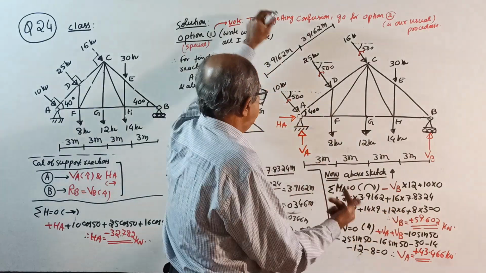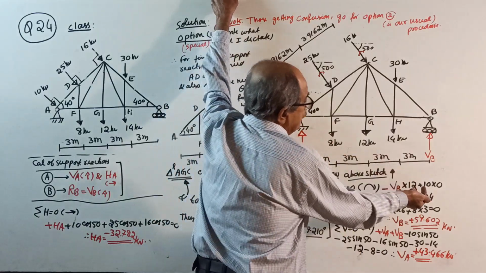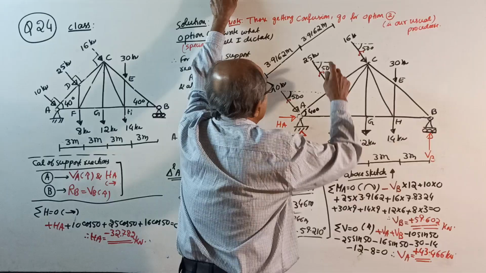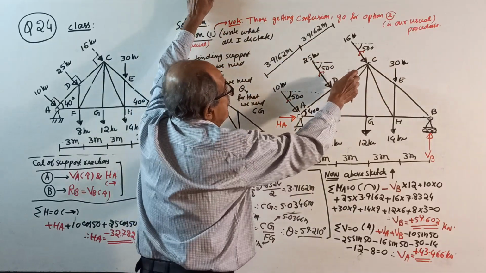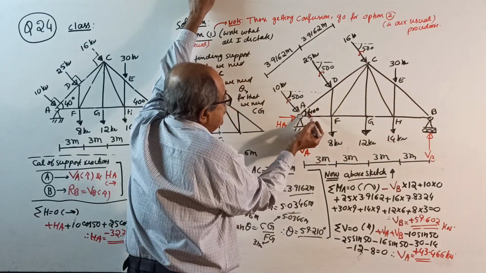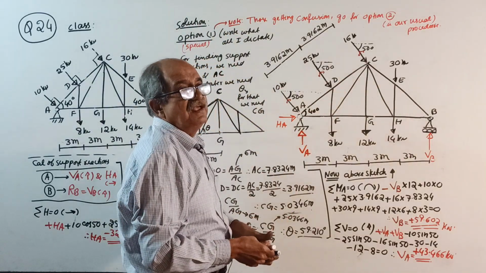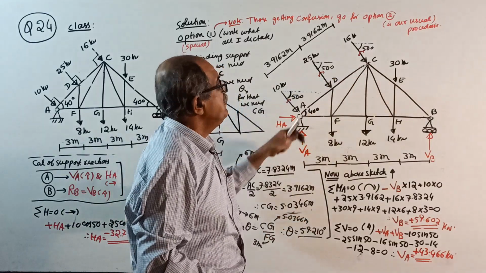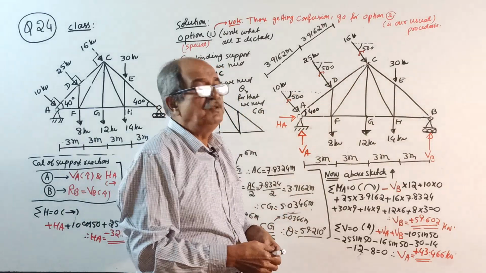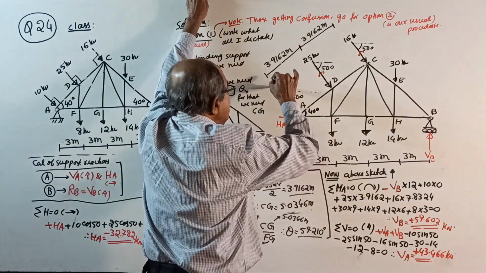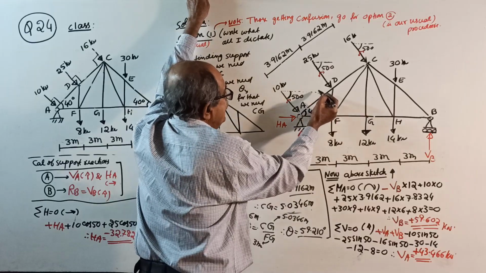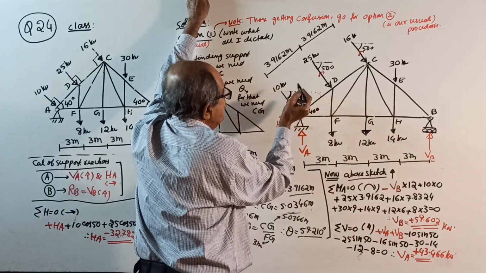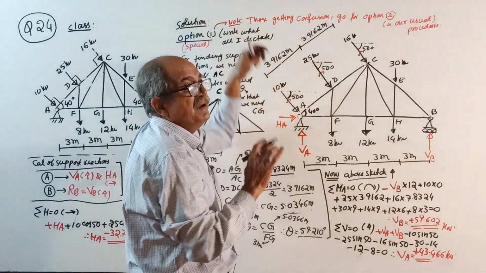Sigma V equal to 0, upward positive: plus VA plus VB, minus, then now you require the vertical component. See, this member is making 40 degrees with horizontal. Since this line makes 40 degrees with horizontal, its perpendicular will make 50 degrees with horizontal. After all, it is high school mathematics.